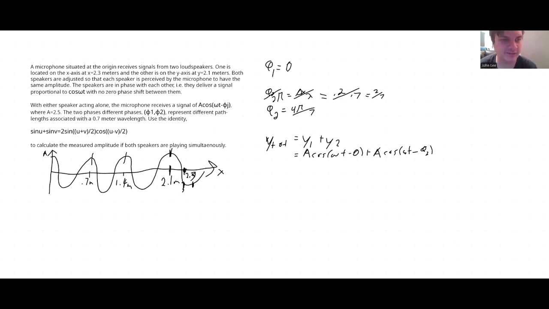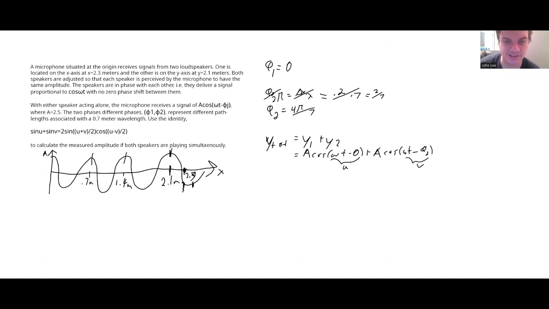By the equation that we have, sine u plus sine v equals 2 sine of u plus v over 2 times cosine of u minus v over 2. If we choose this to be u and this to be v, you can get this by using the fact that sine of x plus pi over 2 equals cosine of x, and just doing a lot of distributions.